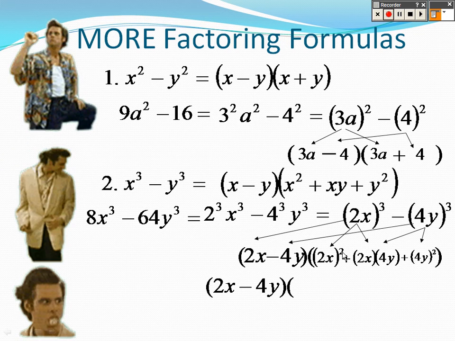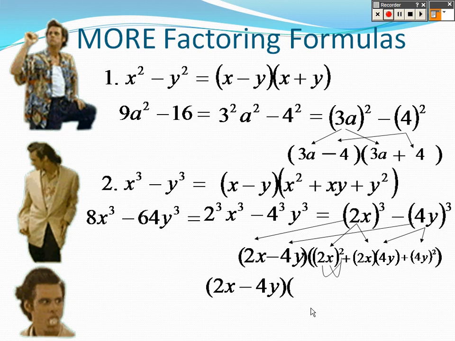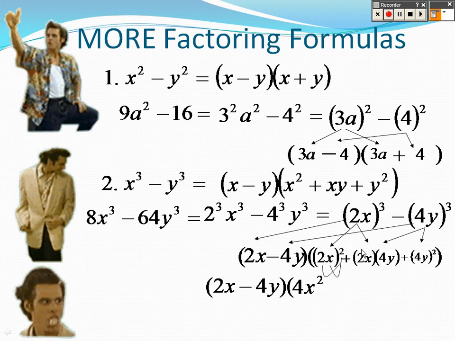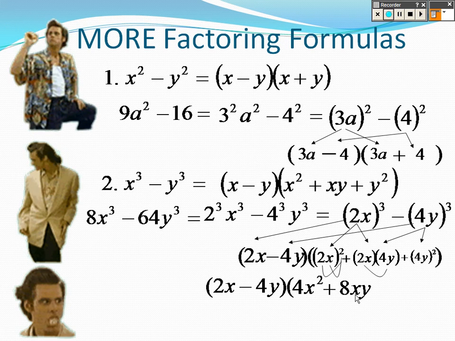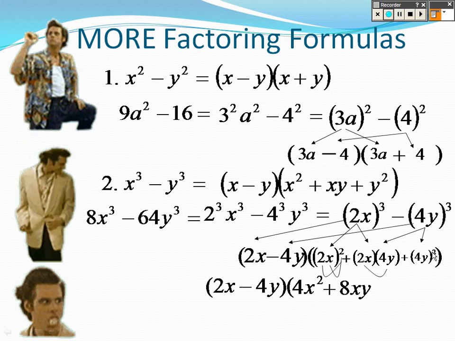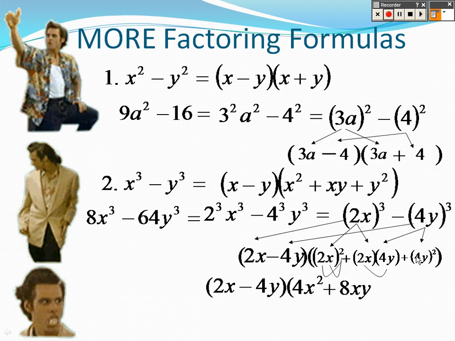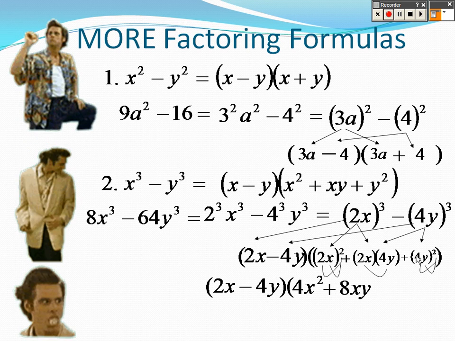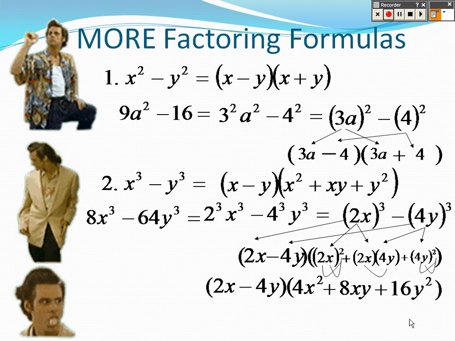There's the front. I had to take that squared through to both, so 2 squared is 4, and x squared is 4x squared. 2 times 4 is 8, and the x and y can't go together, so it's just 8xy. And that squared comes through, 4 squared is 16, and y squared is y squared. And there is that factored.